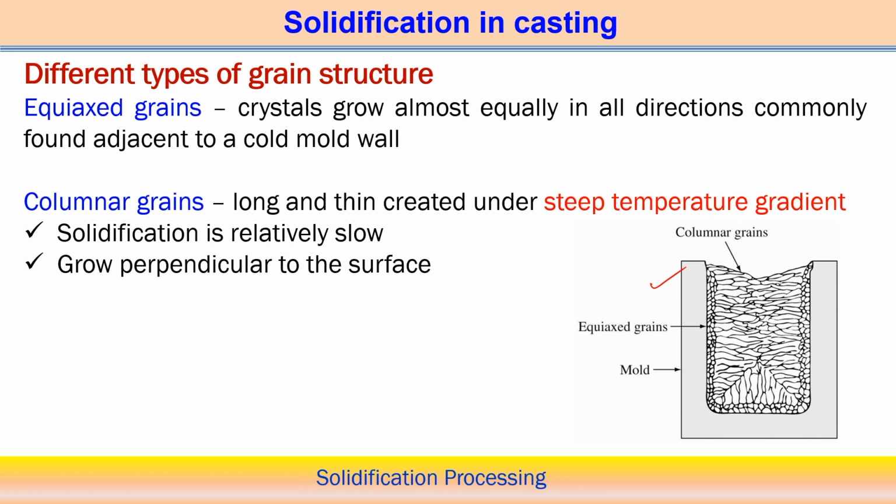Apart from the equiaxed grains near the mold wall, because at the same time so many nuclei form and create almost equal size grains, they then try to grow perpendicular to the mold wall and create columnar grains, because the heat extraction or temperature gradient in one particular direction is the maximum, that is, perpendicular to the mold.